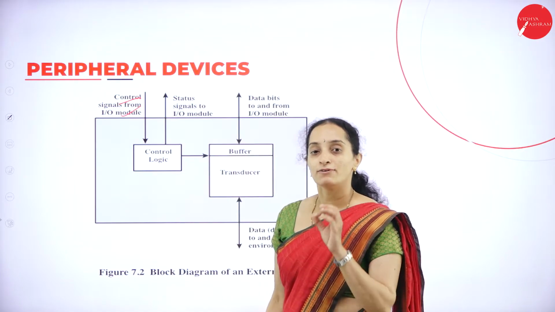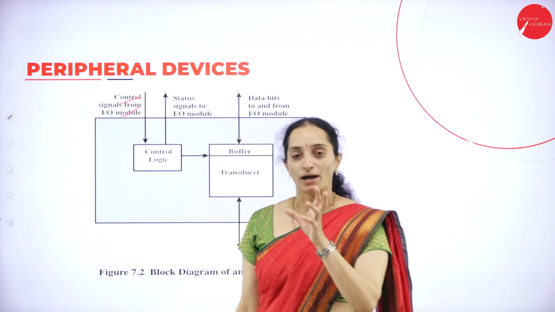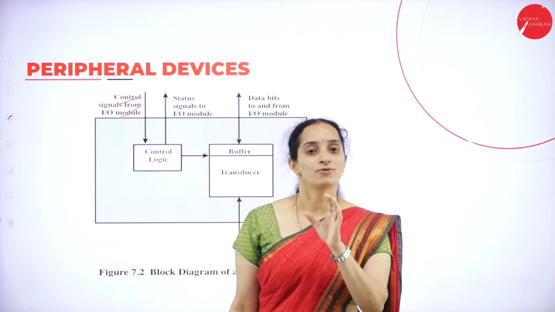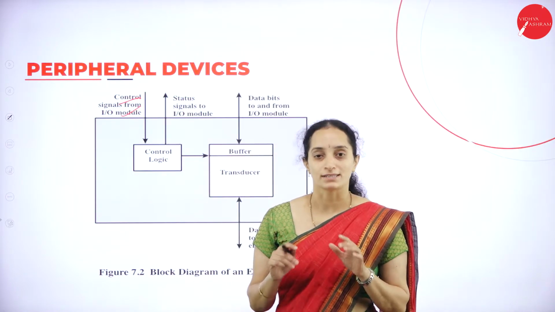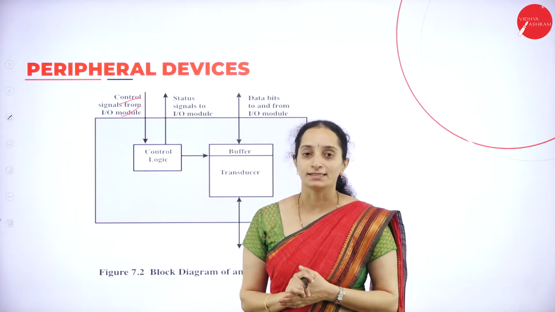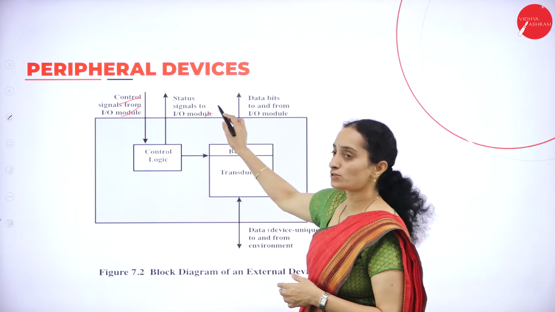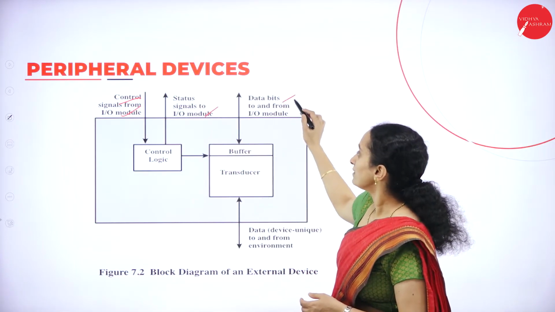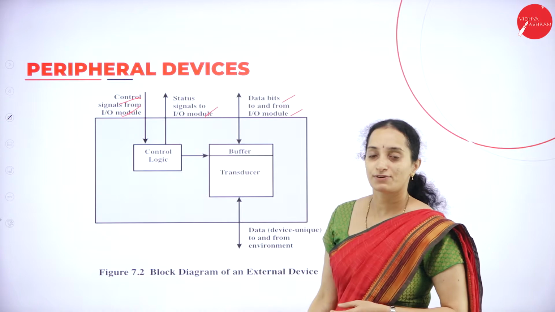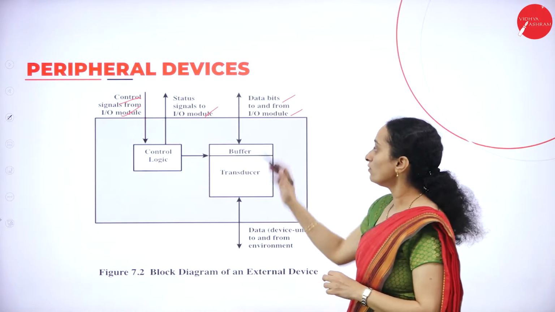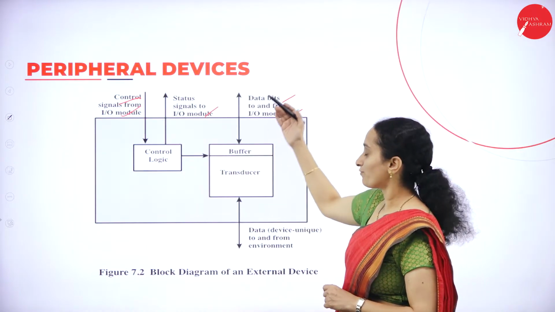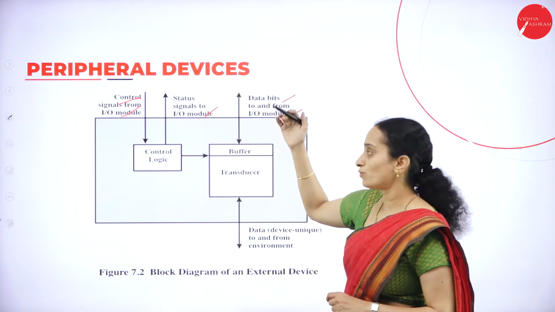Along with that, for the output module, I am sending this result, you have to display this in this format. So this signal will be sent by the input-output module. Now we have the data bits that are transferring from or to the input-output module, from the input module and to the output module.